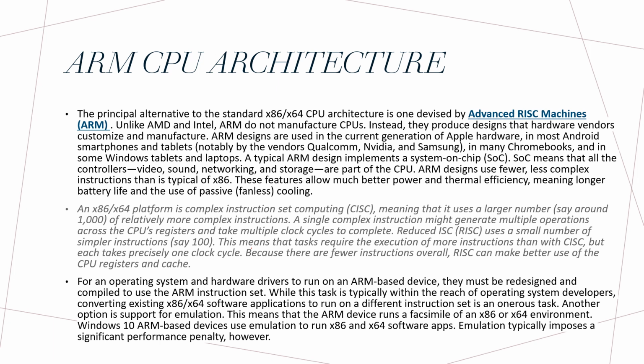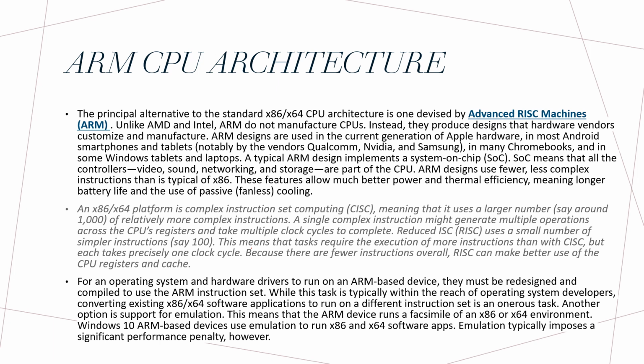For an operating system and hardware drivers to run on an ARM-based device, they must be redesigned and compiled to use the ARM instruction set. While this task is simply within the reach of OS developers, converting existing x86 and x64 software applications to run on a different instruction set is an onerous task.